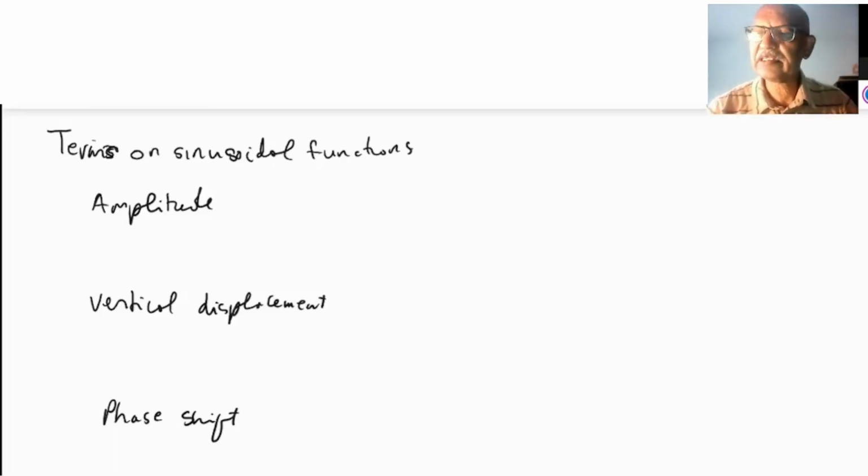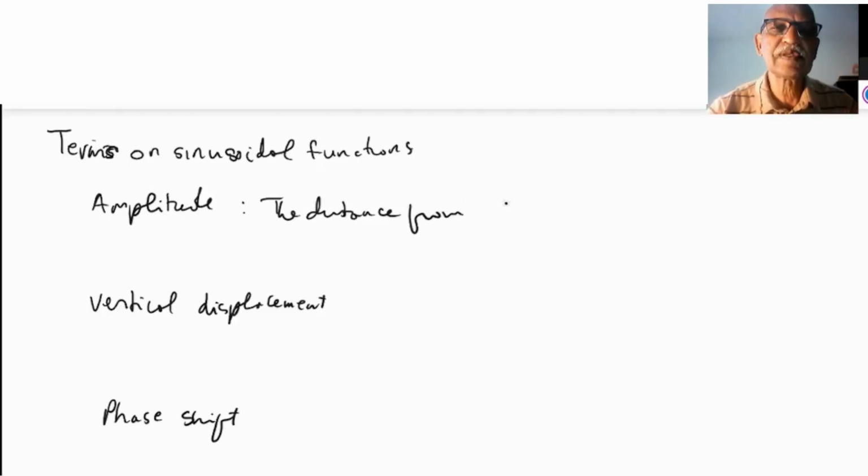Amplitude is a distance from any maximum or minimum point to the axis.